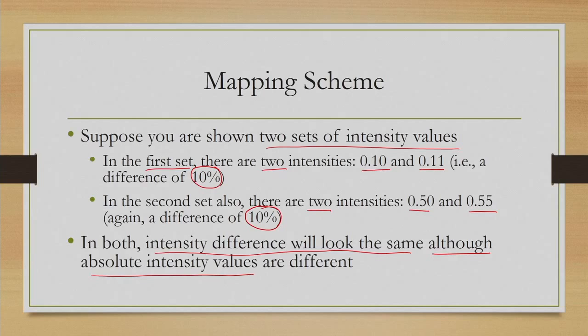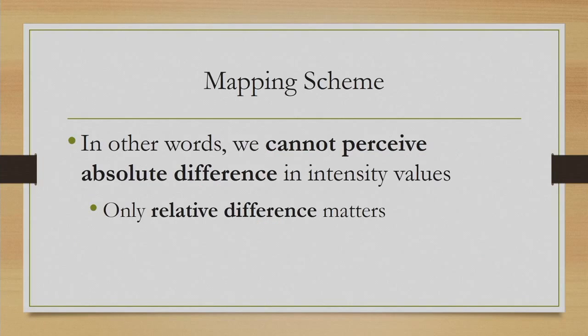If the relative differences are the same, then we will not perceive any difference, in spite of absolute differences being there. So, that is one crucial behavioral trait of us. We cannot perceive absolute difference in intensity values, only relative difference matters.